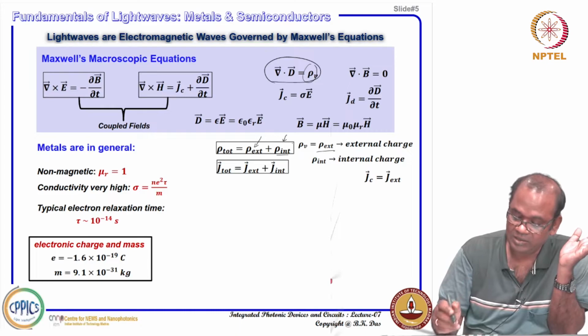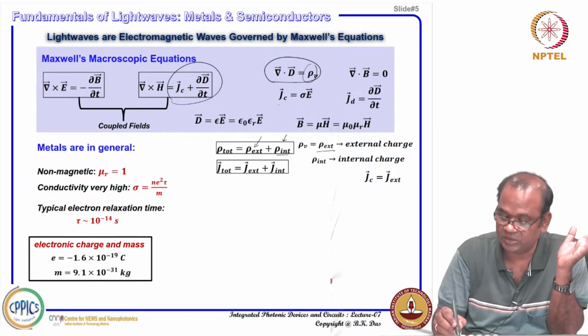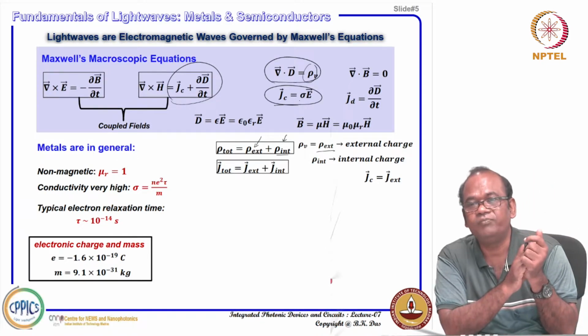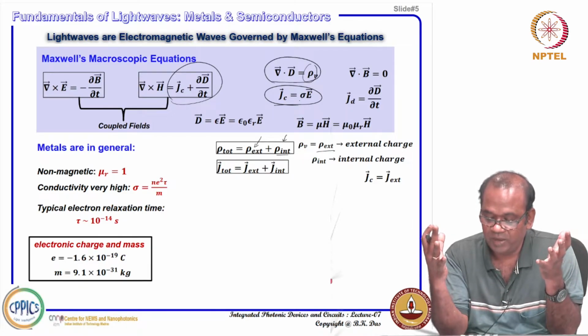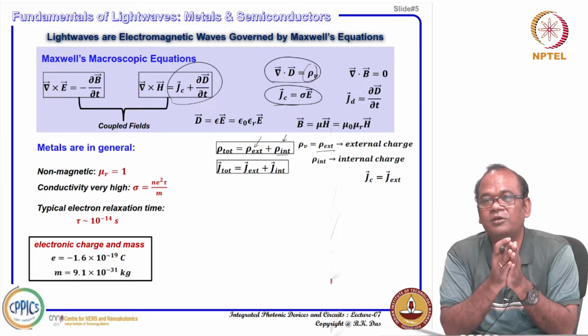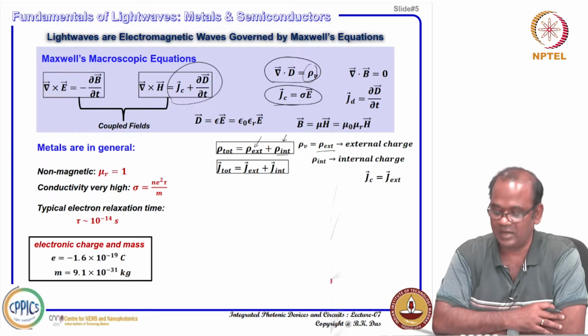Similarly, in this equation you have a current density, which is sigma times E, the conduction current, and that is how you get the current density. That current density can also be thought of as an external current density as well as an internal current density.